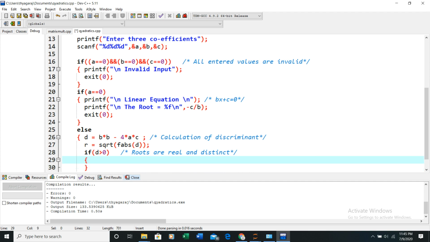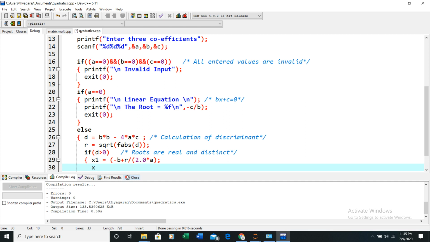First of all, you have to calculate x1 equal to minus b plus r divided by 2.0 star a.